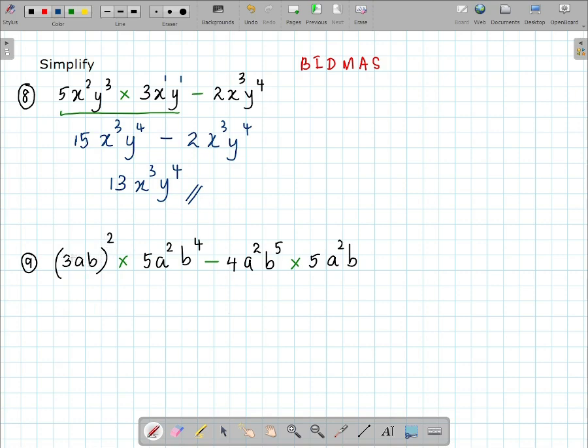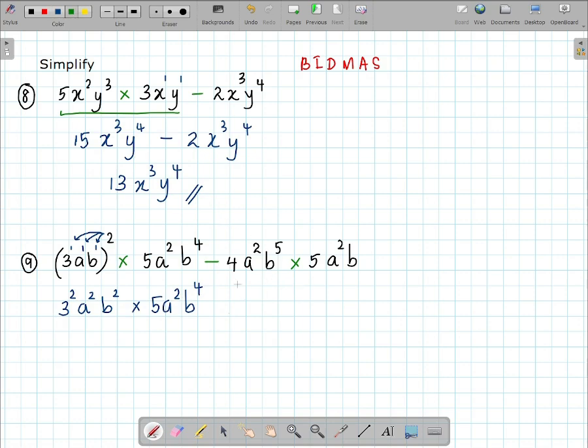As you know, when you have power of a power, it's better we write inside the bracket powers, and you know these inside powers are multiplied by this 2. Then this becomes 3 to the power 2, a to the power 2, and b to the power 2 times 5, a to the power 2, b to the power 4.